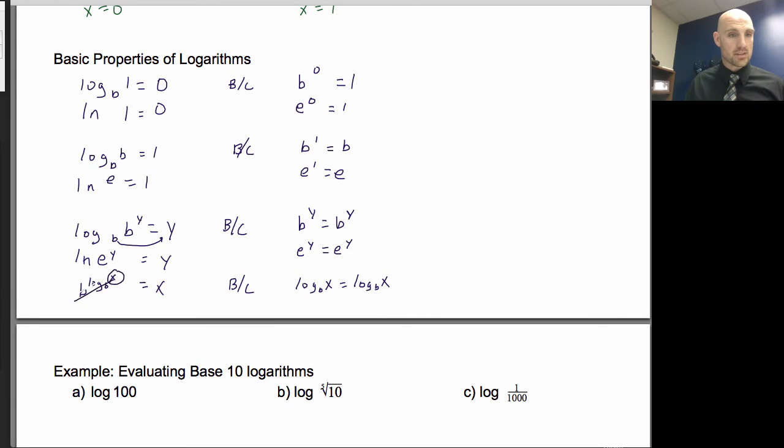So the same thing can be said for e. e to the natural log of x is equal to x, because the natural log of x is equal to the natural log of x.